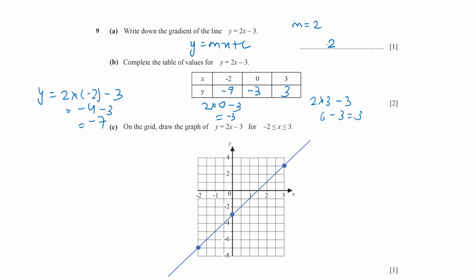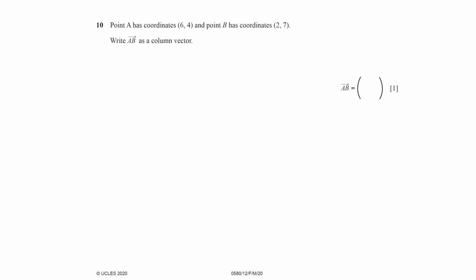Now point A has coordinate 6 comma 4 and point B has a coordinate 2 comma 7. Okay, so 6 comma 4, this is for coordinate A, and for B it's given as 2 comma 7. We have to write AB as a column vector. So let's say this is x1 y1, this is x2 y2.